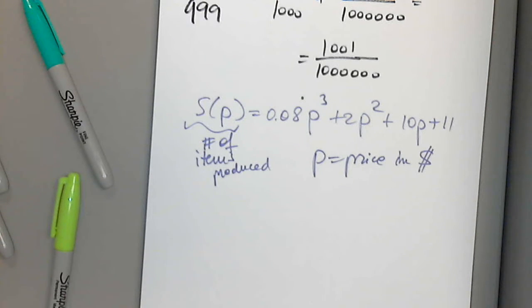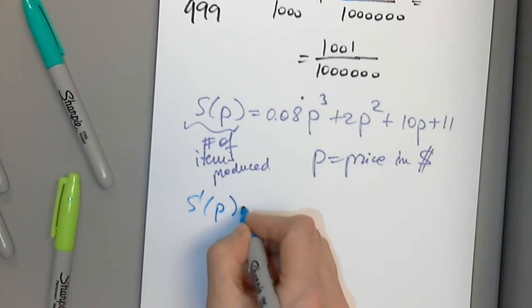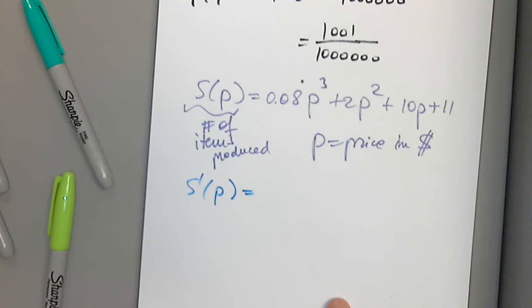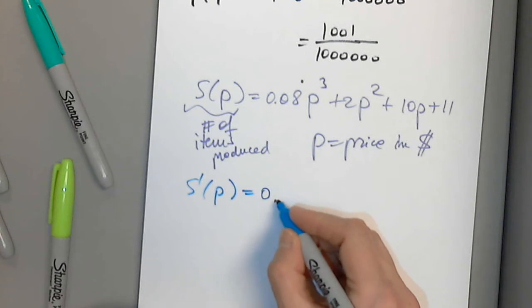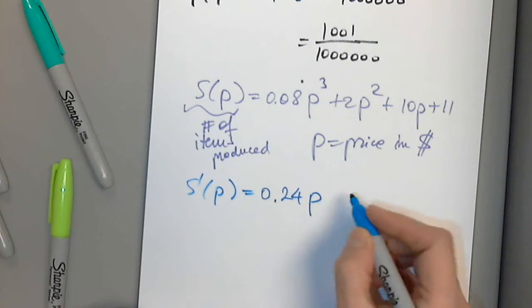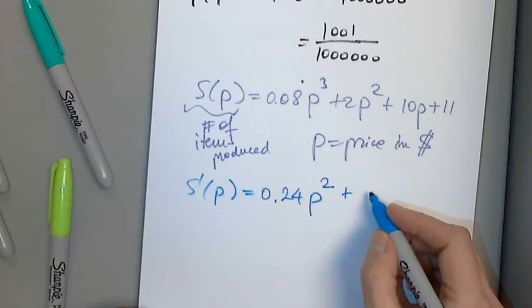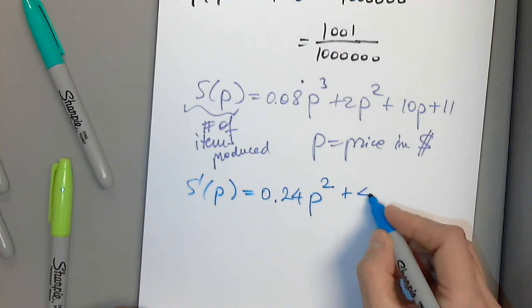Let's see what they want. Use S prime of P to estimate how many more units a producer will supply when the price changes from this to this. So let's take it slowly. Let's determine the S prime. Can anyone give us S prime? 0.24P squared plus 4P.